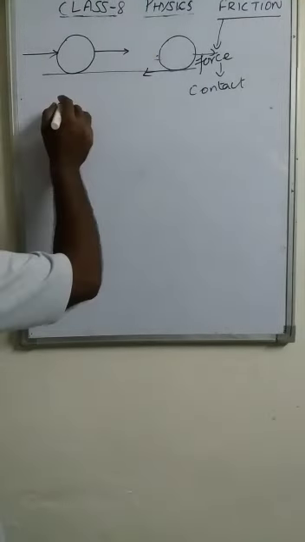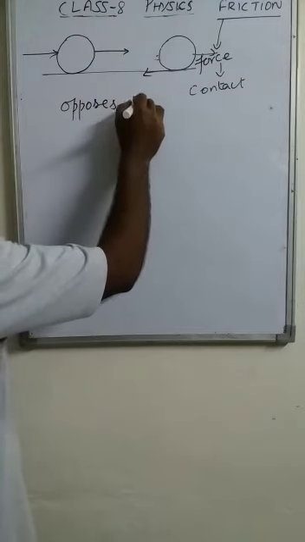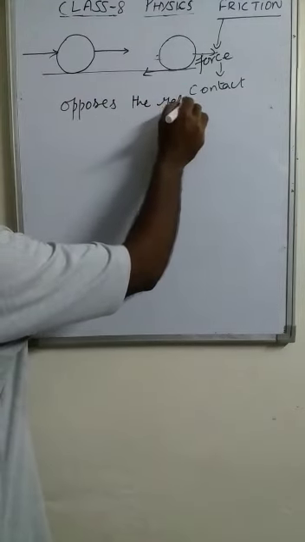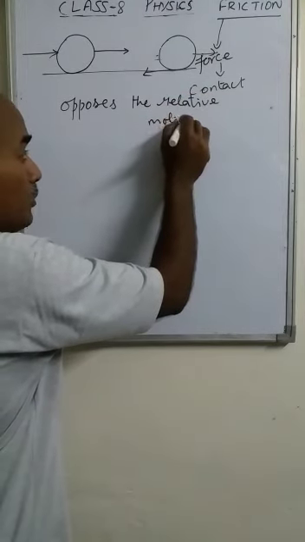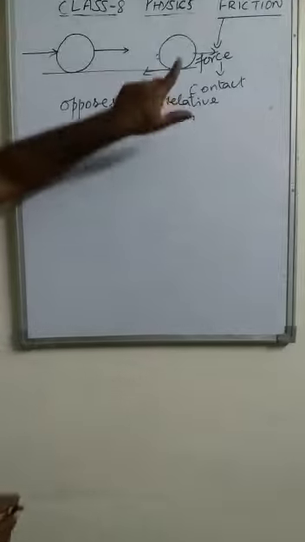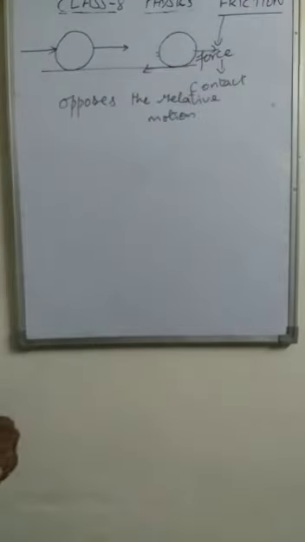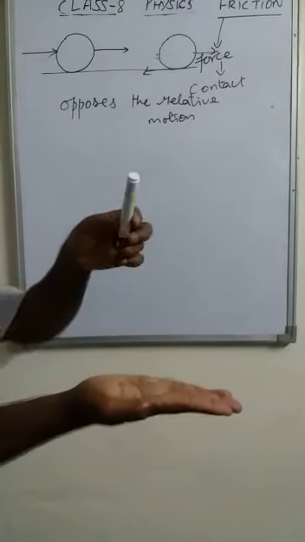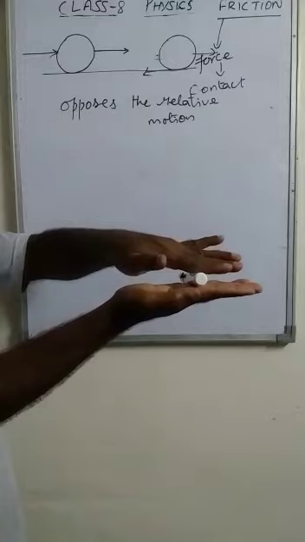So friction opposes the relative motion. Relative motion means with respect to the ground the ball is moving. If I take this example, on my hand the pen is moving.